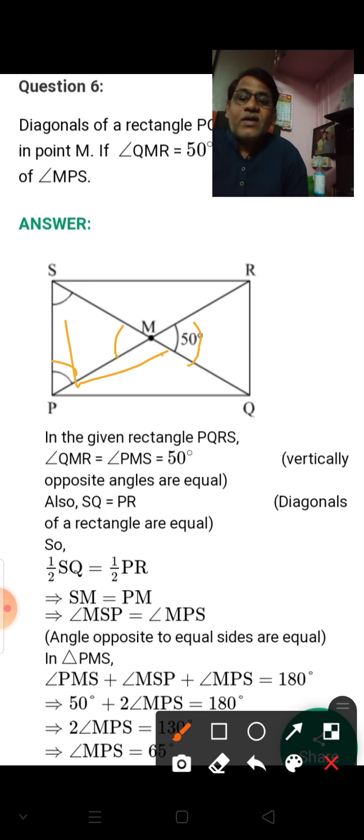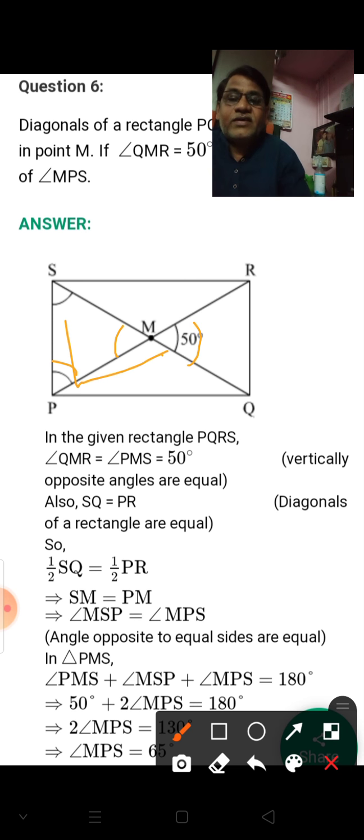Also SQ is equal to PR. The diagonals of a rectangle are equal. So half of SQ is equal to half of PR. It means SM is equal to PM.